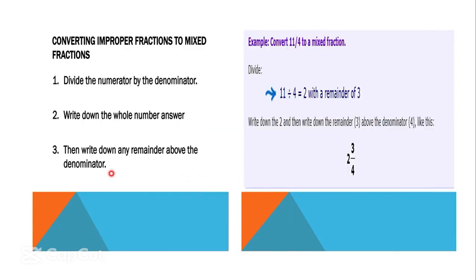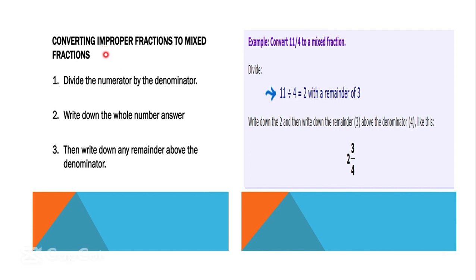Next, we also have to remember how to convert an improper fraction to a mixed fraction, as well as converting a mixed fraction to an improper fraction. Let's do this. Let's start with how to convert an improper fraction to a mixed number.